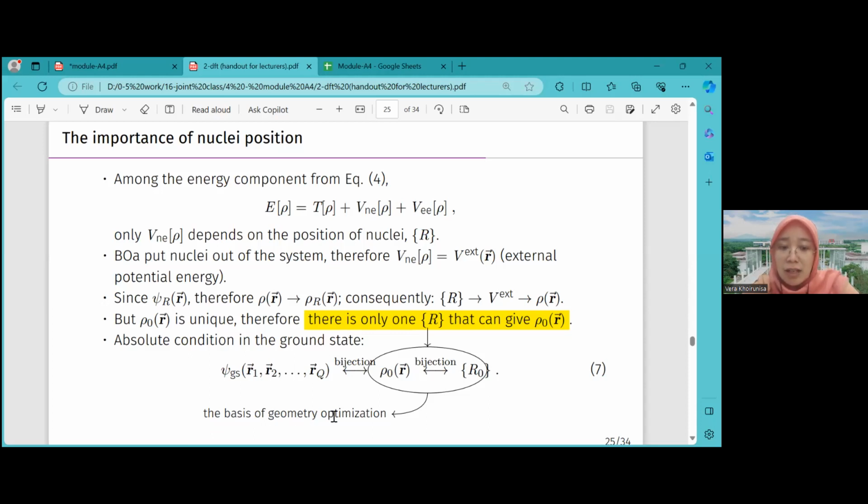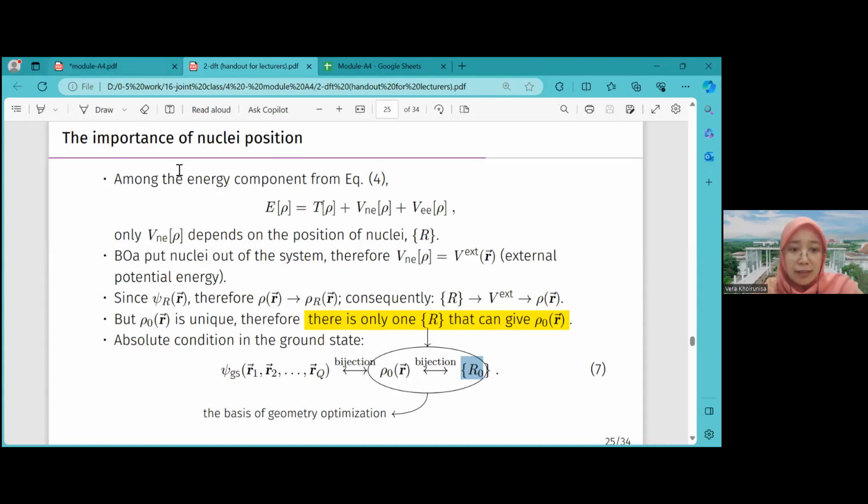So the basis of geometry optimization is we want to find the R0. The R0 is the position of the nuclei. In the case of a diatomic molecule, the R is the distance between the first atom and the second atom. So that will be the R.